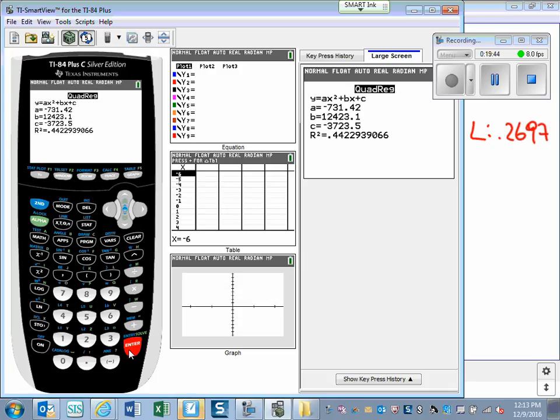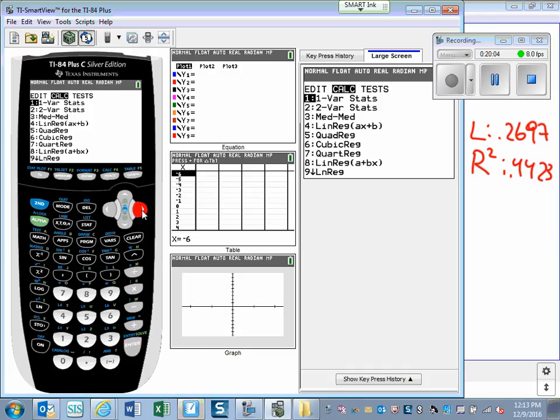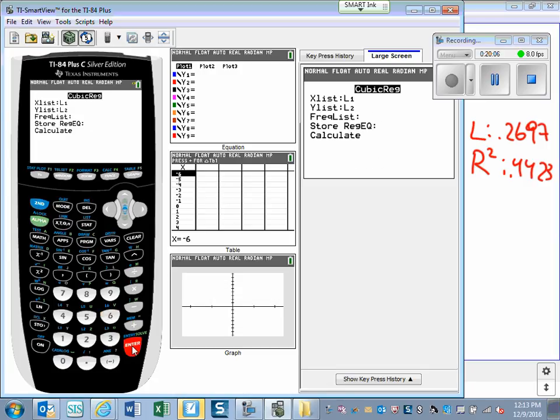Okay, so R square is a little bit better. Next one, start, calc, cubic. Okay, so my R square for cubic is 1.